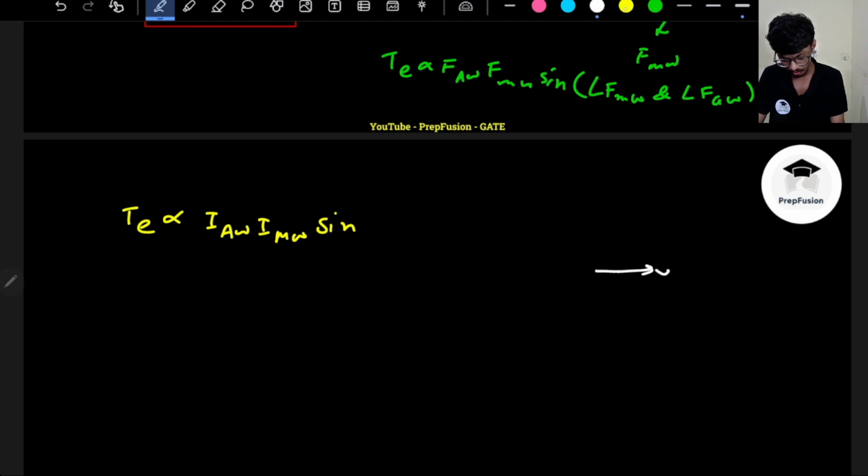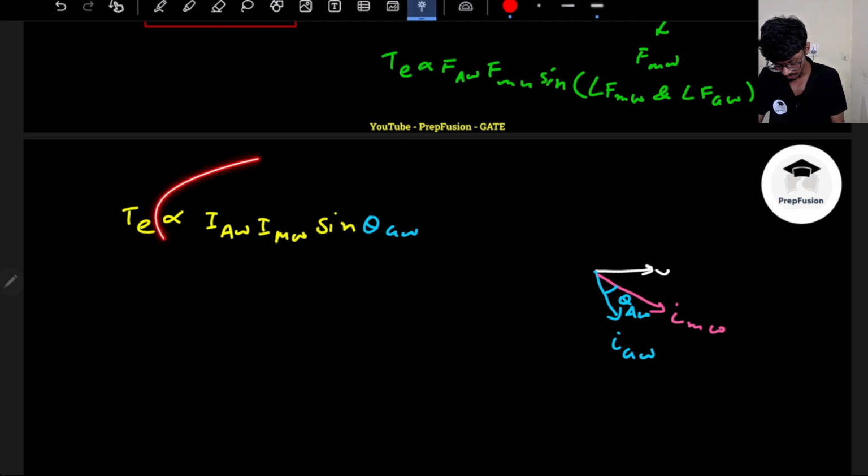If my auxiliary winding is lagging current, it will be more lagging than the main winding. Main winding will be somewhere here, because it will always run. Auxiliary winding will be somewhere here. Let's assume this angle is theta_AW, so the torque will be proportional to sine of theta_AW.